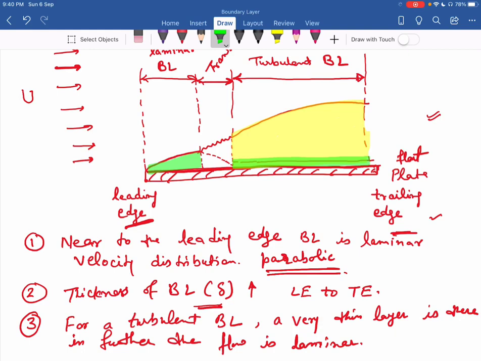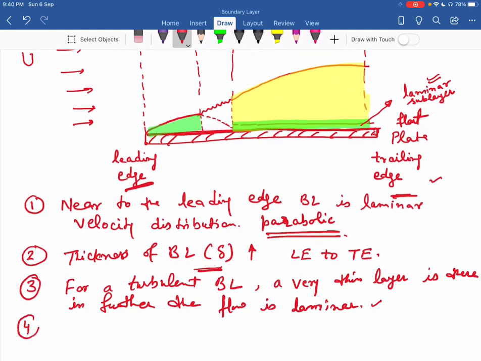This thickness of the boundary layer we call the laminar sublayer. The laminar sublayer is a small layer within the turbulent boundary layer where the flow remains laminar. That is another important characteristic of the boundary layer.